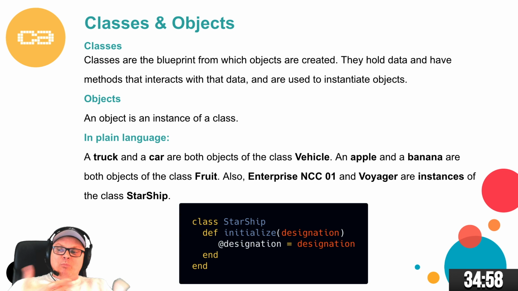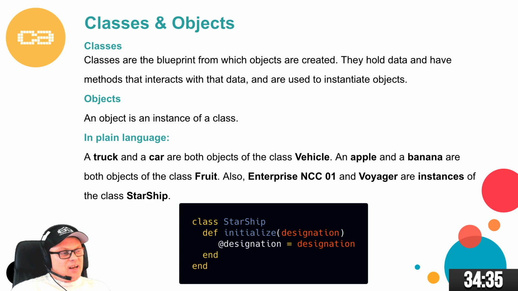So objects are instances of a class. We often talk about instantiating objects when we create them, when we give birth to them somehow. So in plain language, you could say that a truck and a car are both objects of a class called Vehicle, right?